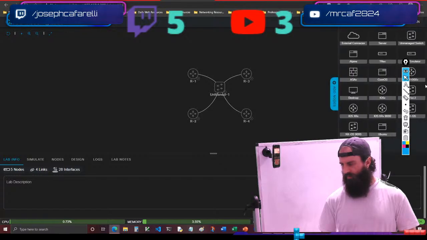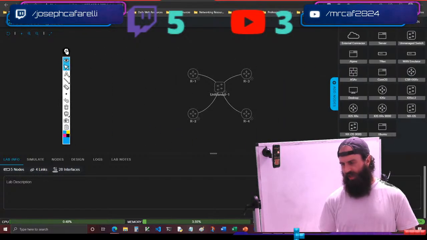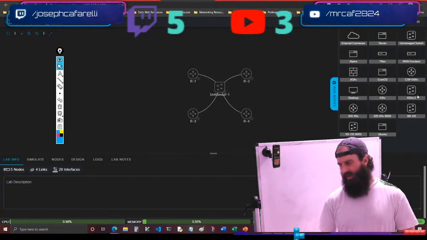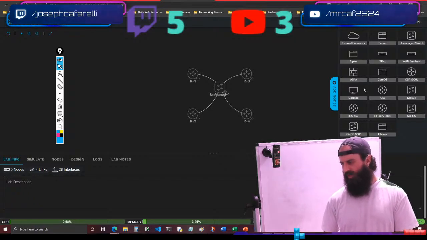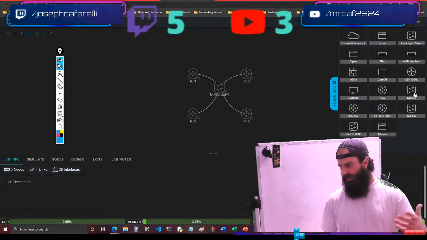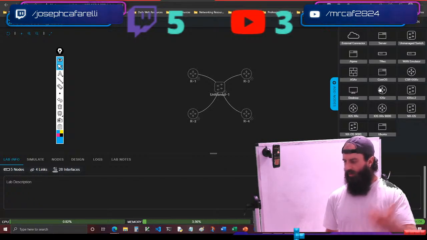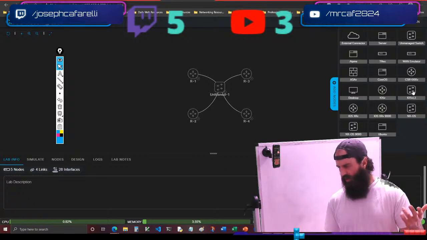You don't have to go chasing after all kinds of images like you would normally with GNS3. It comes with base images. I have Ubuntu server already built into it, and all the other devices: the cloud service router, the IOSv, the IOSvL2.